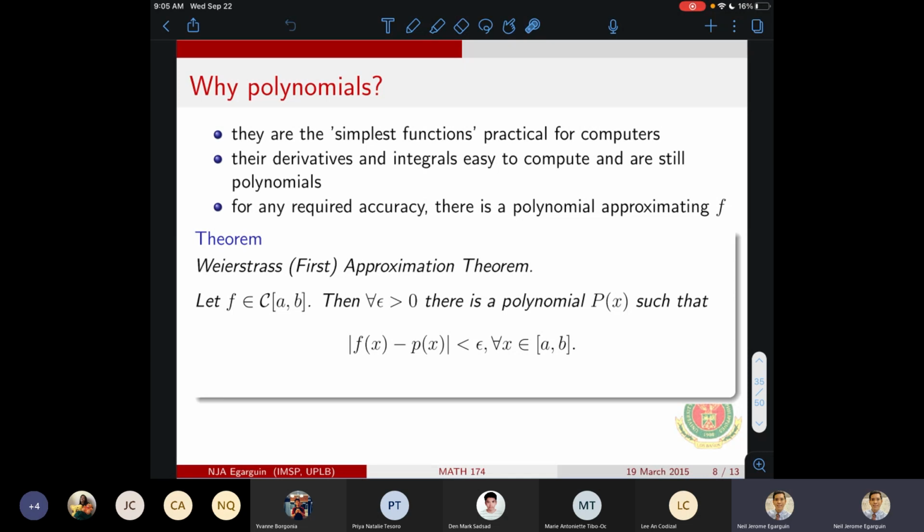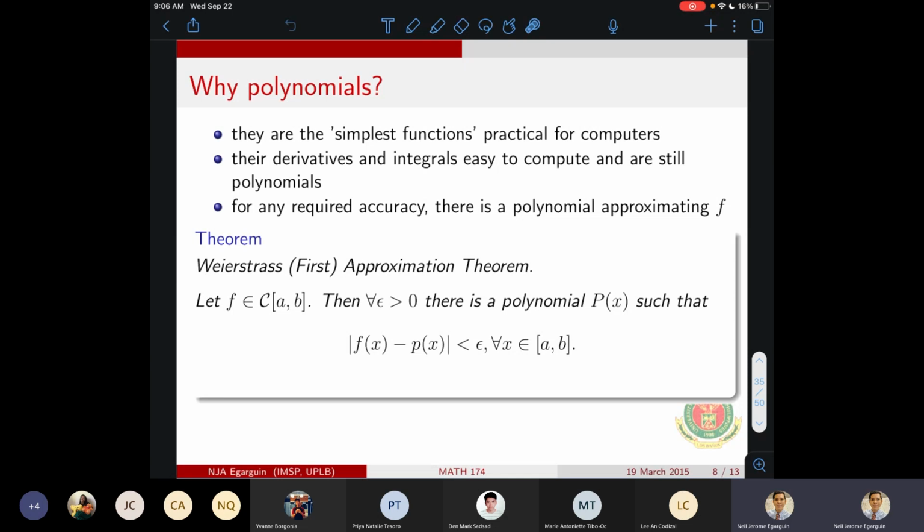So kahit pumili ka ng napakaliit na epsilon, lagi kang may mahanap na polynomial ng distance mula kay f sa bawat x's on the given interval ay less than epsilon. So lagi kang may mahanap na polynomial na napakalapit dun sa continuous function f. Okay, it doesn't matter how small you elect the error should be, laging may makukuha kang polynomial.